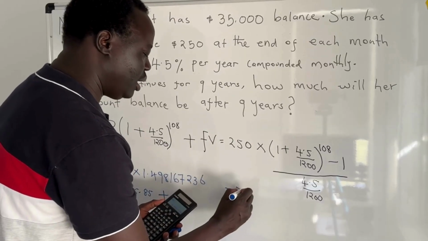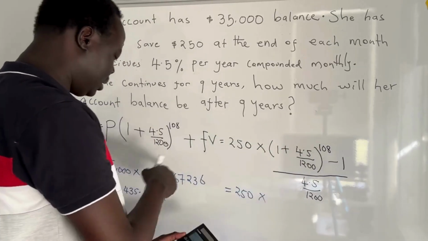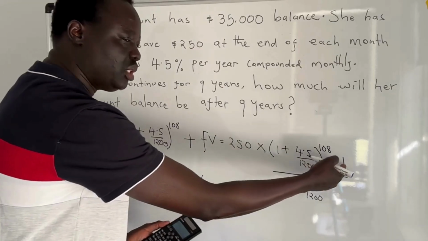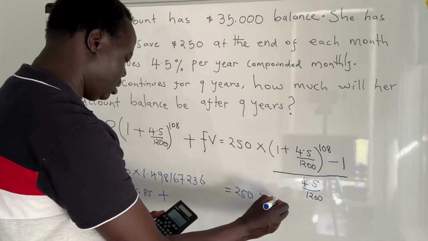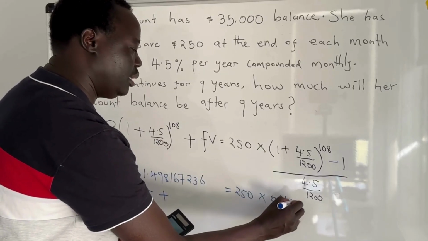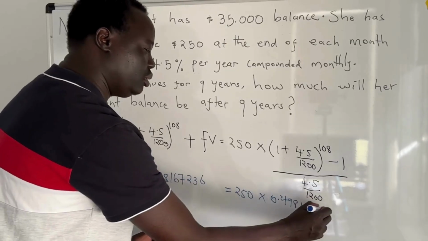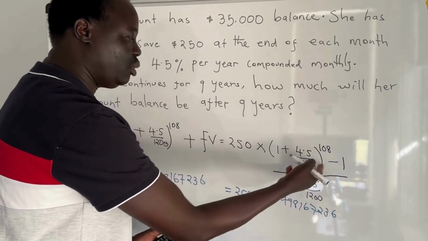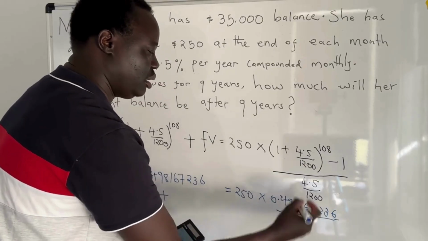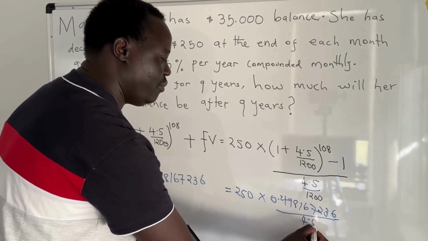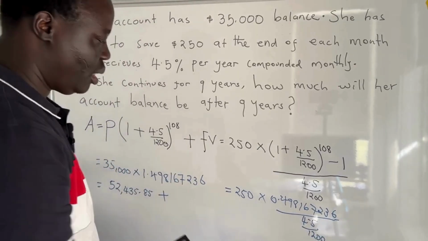It's going to be 250, times, after you calculate this part and subtract 1 from here, 0.498236. But you have this under it, which is 4.5 over 1200.